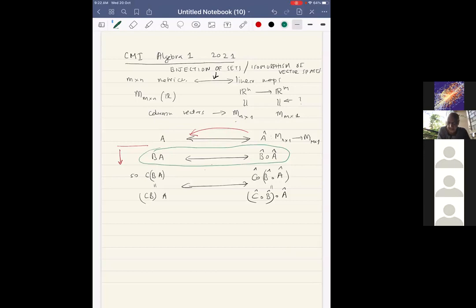It means on the right hand side I have composition of linear maps, and on the left hand side I have matrix multiplication. So let us do this today, and then it will be clear, hopefully.